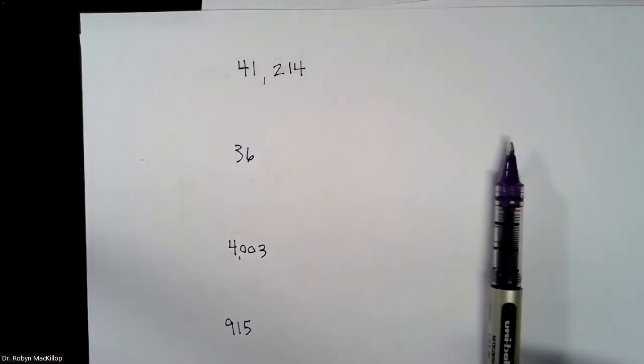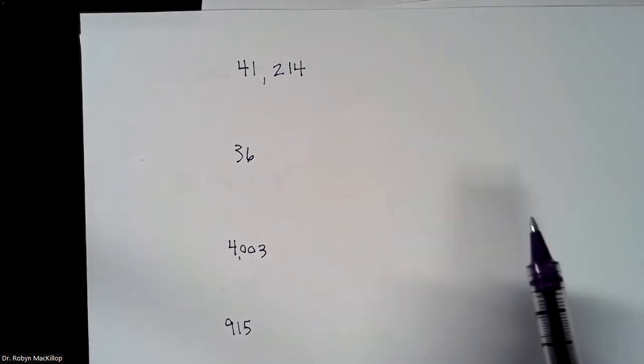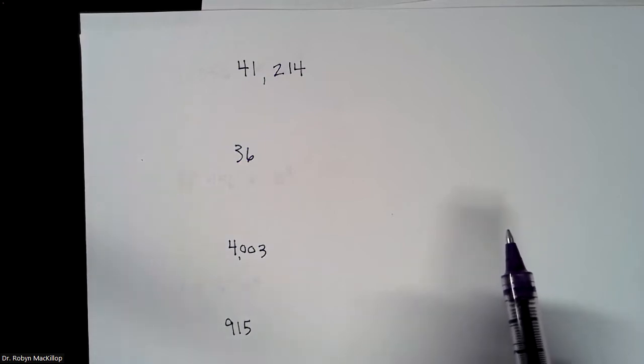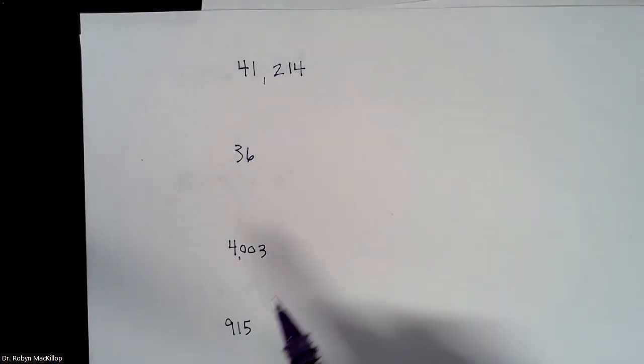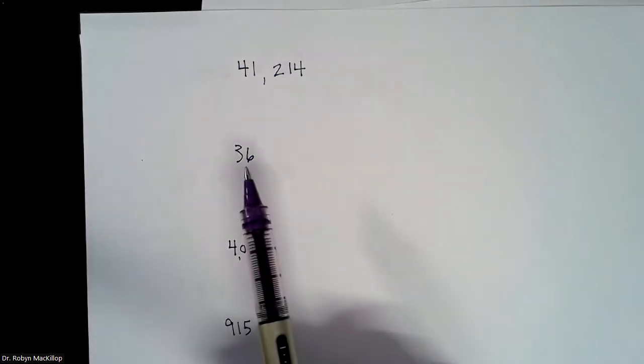We're going to take a look at scientific notation, which is really an easier way to write large or really small numbers. And these numbers are fairly easy to deal with: 41,214, 36, 4,003, 915.